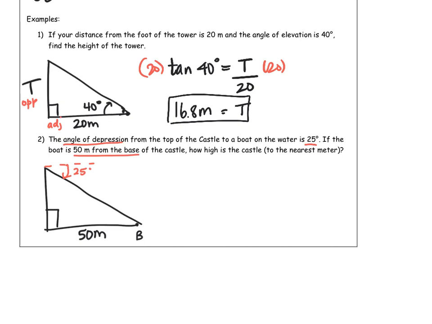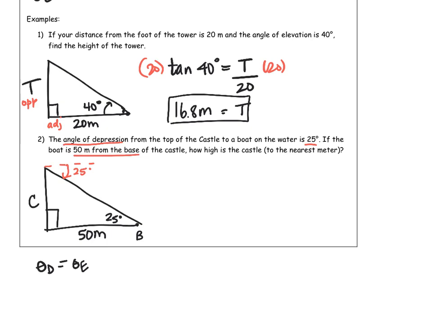Now, I know that I have parallel lines, and within those parallel lines, these would be considered alternate interior angles, and alternate interior angles are equal. So that 25 comes down here into the bottom. Remember what I said? The angle of depression equals the angle of elevation. Those are always measured between the horizontal and the hypotenuse. And I want to calculate the height of the castle.